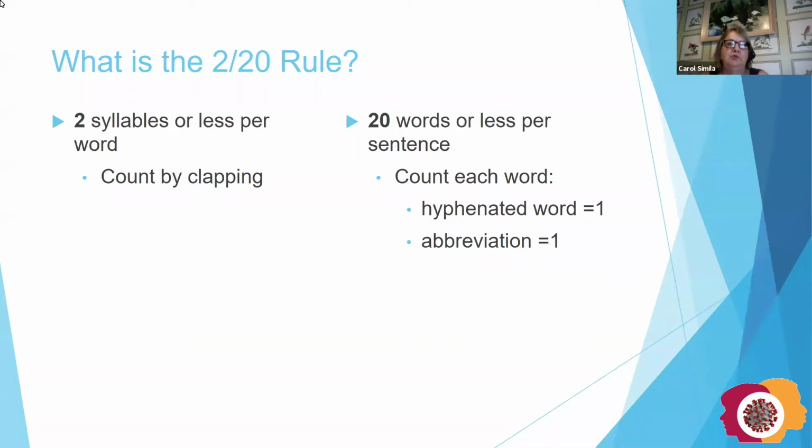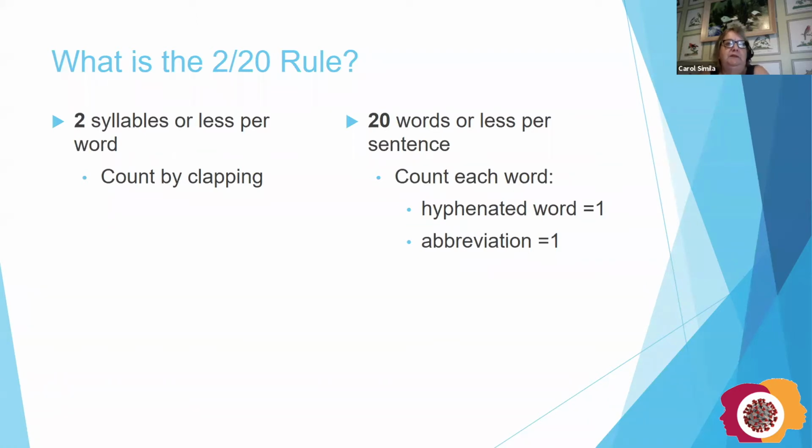The 20 is 20 words or less per sentence. You count each word in the sentence, and if it's a hyphenated word, it counts as 1. If it's an abbreviation, it counts as 1 word. So that's what the 220 rule means.